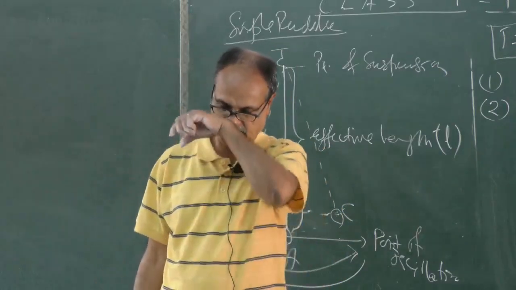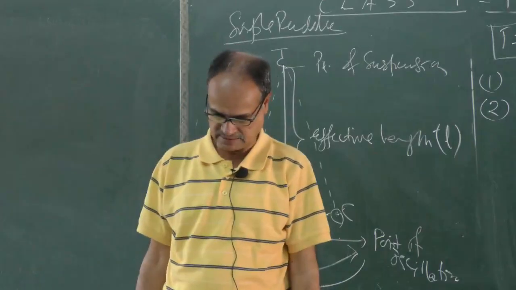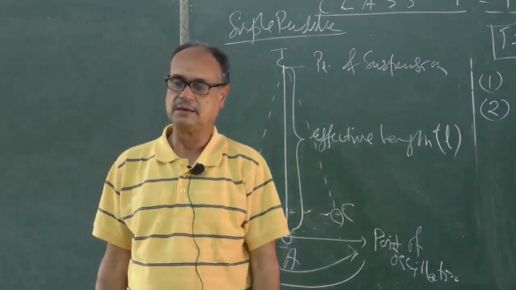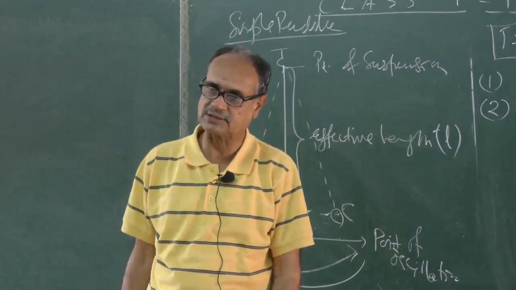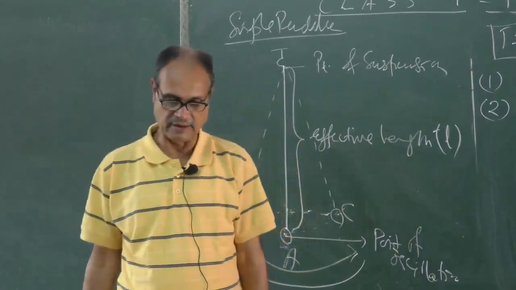The slope of the graph you can calculate as the value of T1 square minus T2 square divided by L1 minus L2.